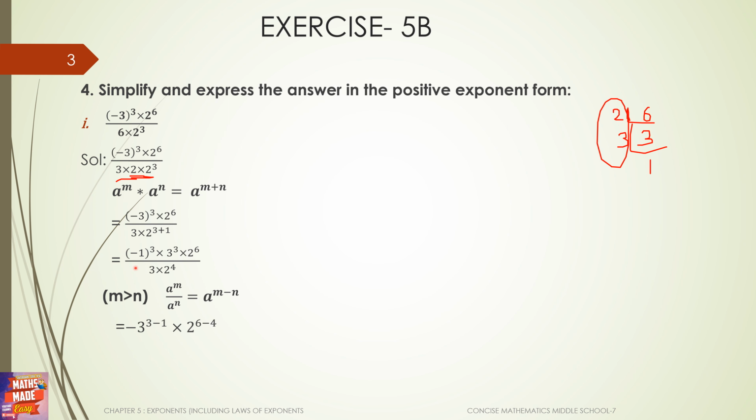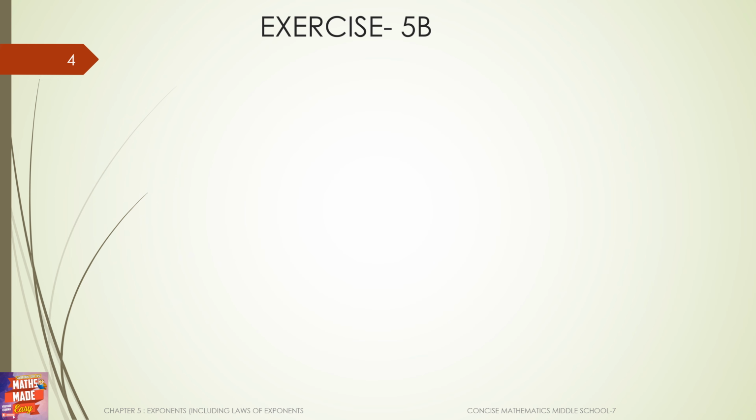So if you multiply this minus 1 3 times, minus 1 into minus 1 into minus 1, it is minus. So that's what I have placed: minus 3 to the power of 3 minus 1 and 2 to the power of 6 minus 4. So our answer will be minus 3 to the power of 2 into 2 to the power of 2. I hope it's clear.